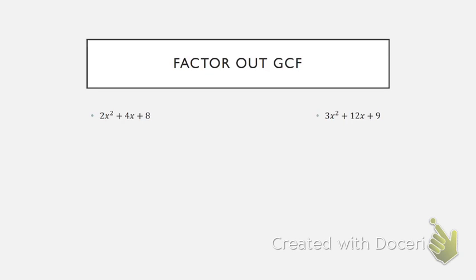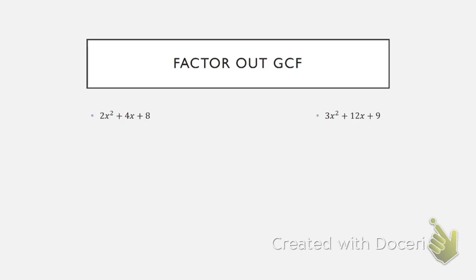Unfortunately, our factoring problems are not going to be this easy, but there is a process called factoring out the greatest common factor, or GCF for short. I just want to briefly recap how to factor out a greatest common factor for those of us that may have forgotten.